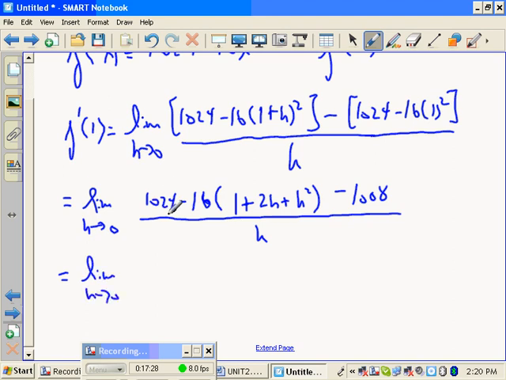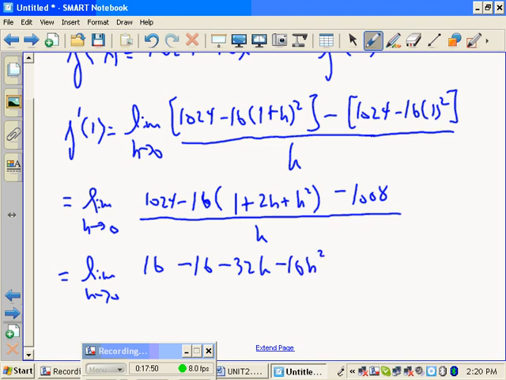Let's do like terms. What's 1024 minus 1008? 16. Okay. And we're going to distribute this negative 16 over this mess. Minus 16 minus 32h minus 16h squared.